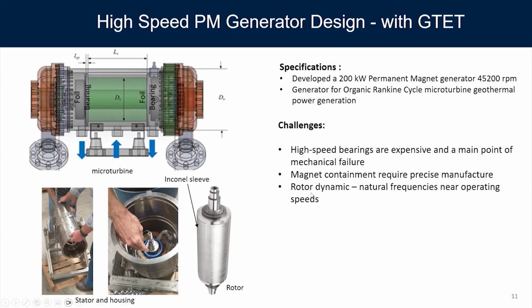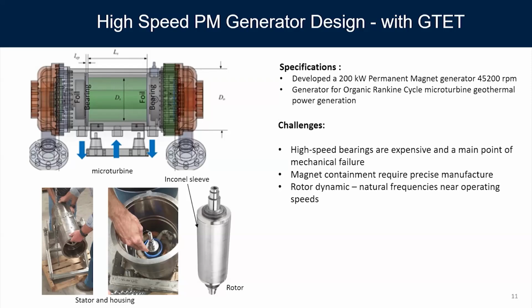And also we have rotor dynamic issues, where because of the high speeds, the natural frequency of the rotor aligns with a certain range of speeds that we would be running the generator. If it's a low speed machine, for example, the generator would be running at 3000 RPM, and the speed at which the natural frequency occurs might be like 20,000 RPM, and you would never be running at that speed.